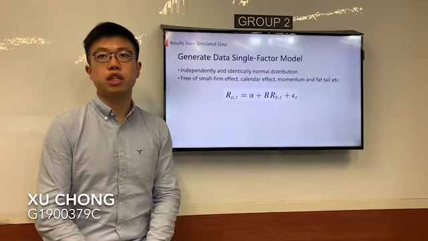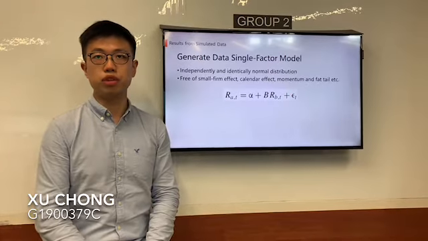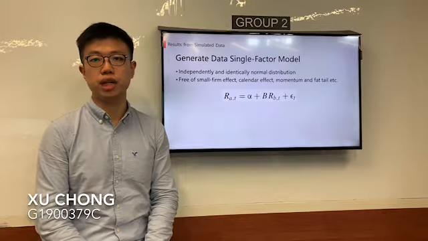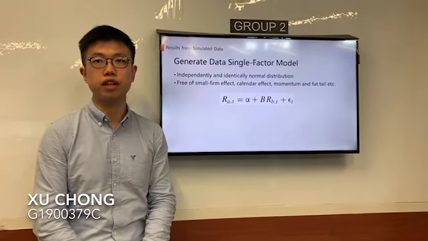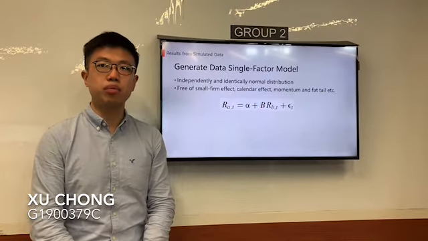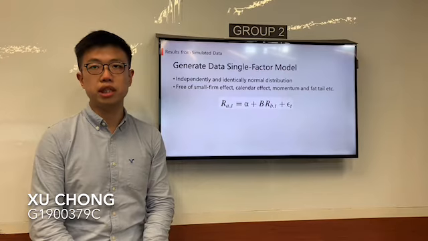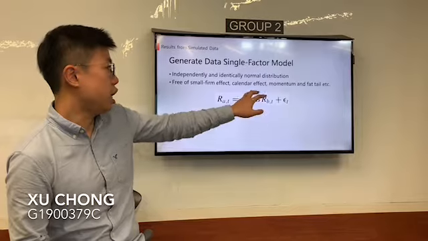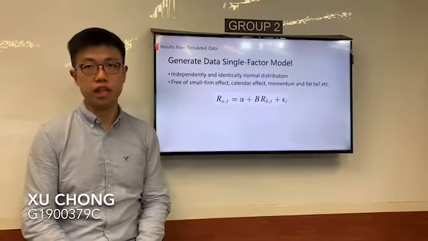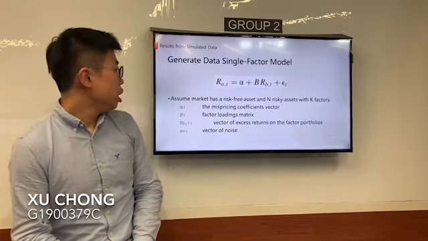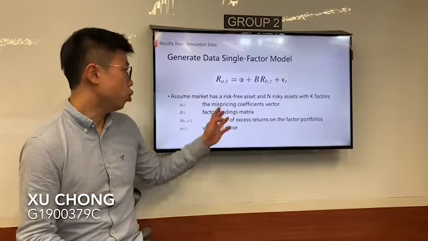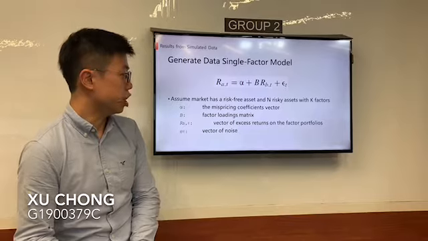With the use of normal standard distribution data, the mean variance and most of its extensions are favored. On the other hand, normally distributed data eliminate the existence of anomalies, such as the small firm effect, calendar effect, and factorial effect, etc. In this model, we assume there are n risky assets and one risk-free asset in the market.